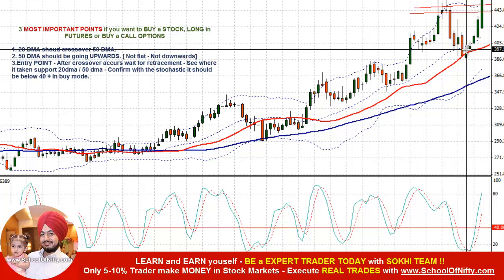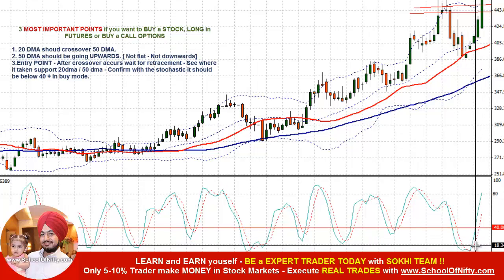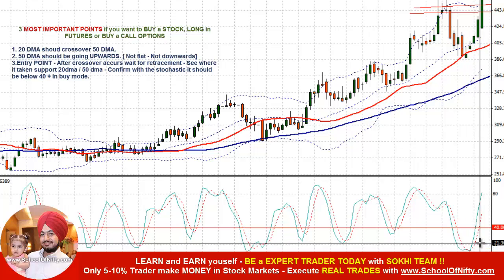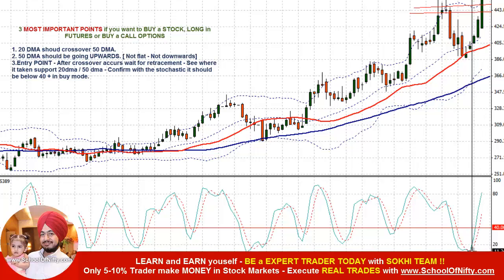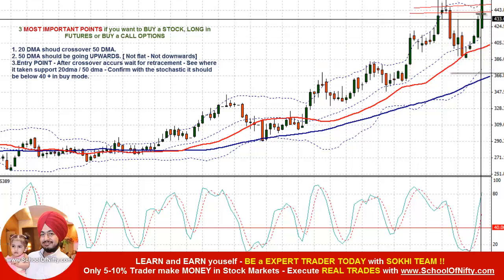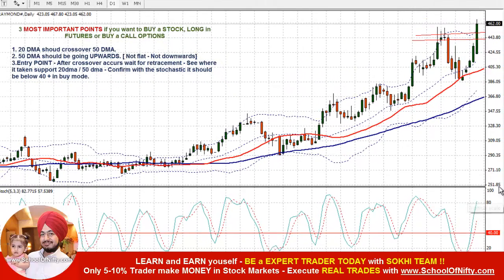We can take a confirmation from the stochastic. So if you look here, the stochastic is well below the 20 level, which is a very oversold region, and we should be looking at buy. So it becomes a buy at this region, from around 405 to 460 within a matter of a few days. Amazing gains, guys.